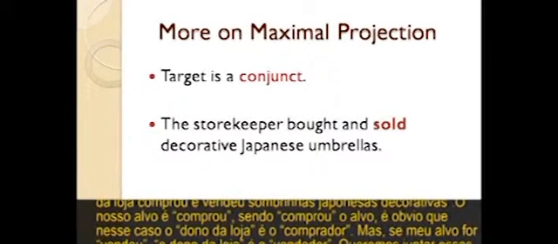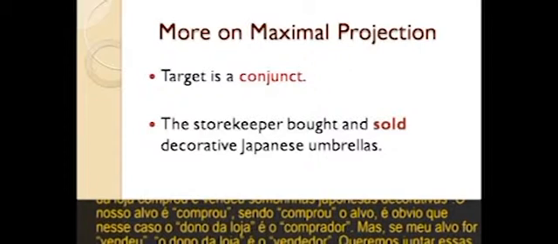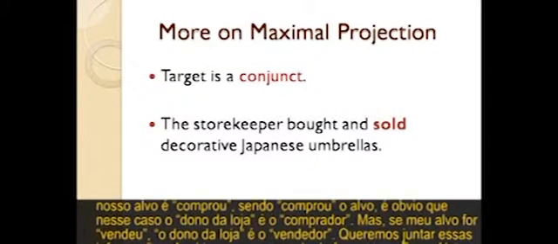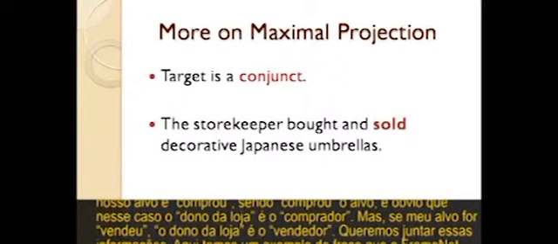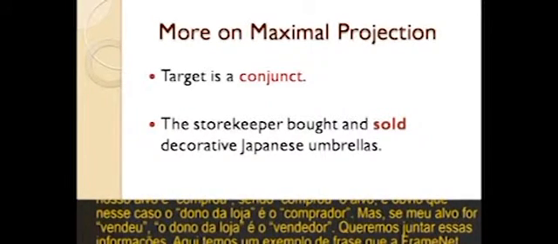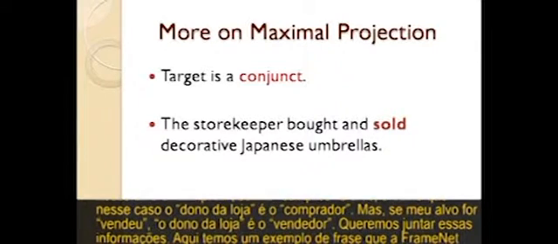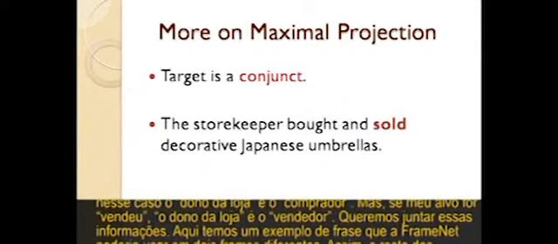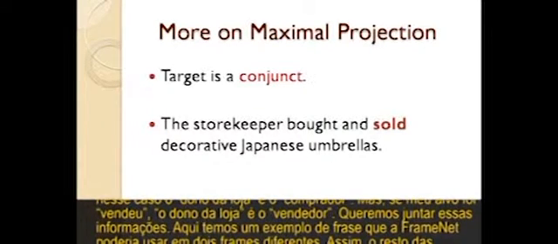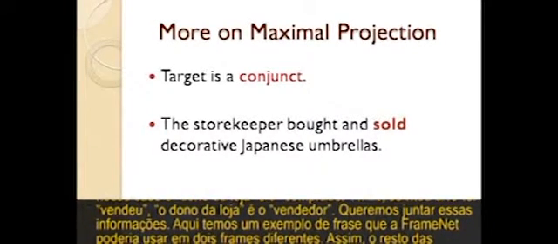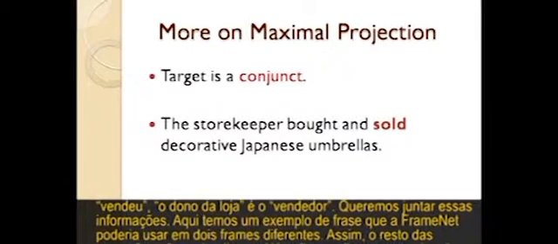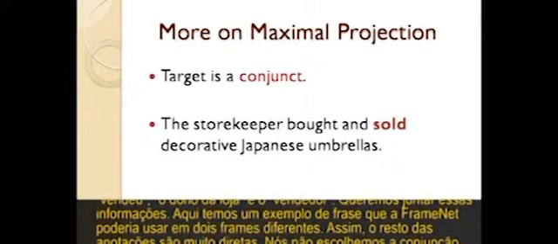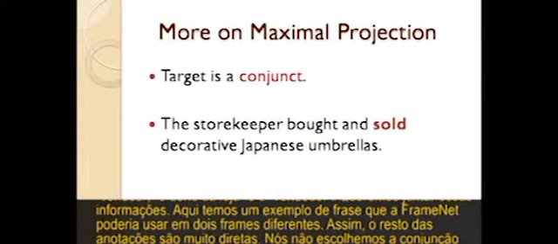With bought as the target, I think it's perfectly obvious that the storekeeper is the buyer, right? But what if my target is sold? The storekeeper is the seller, right? So we want to include that information.